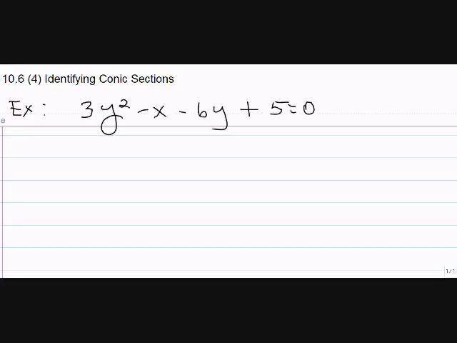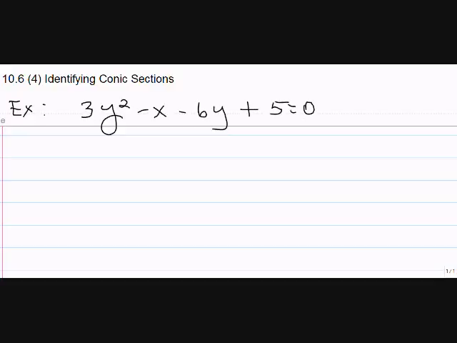Anybody know right now what conic section it is? Not a circle. Parabola. This one's a parabola. How do you know? You know by the equation.